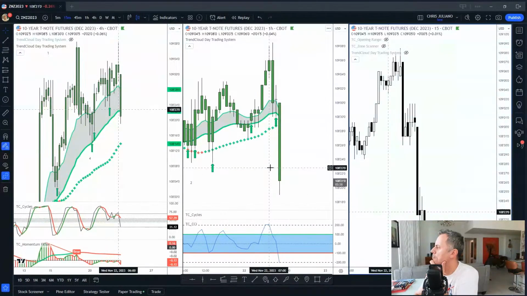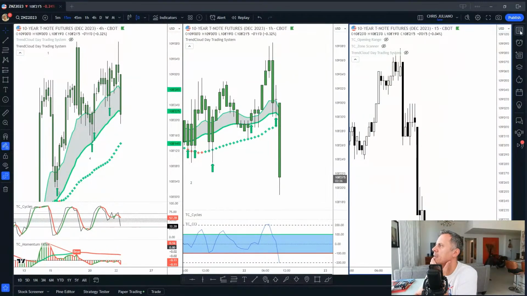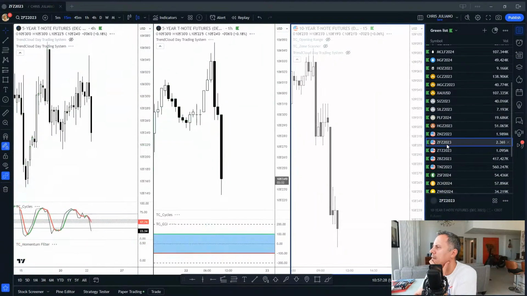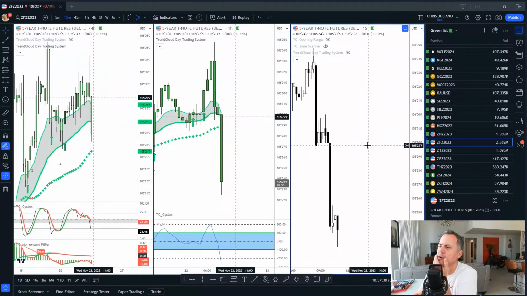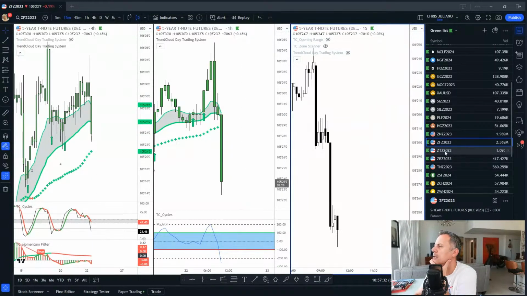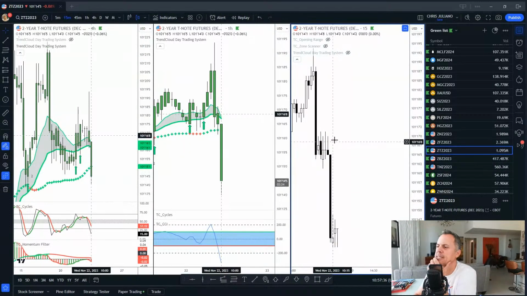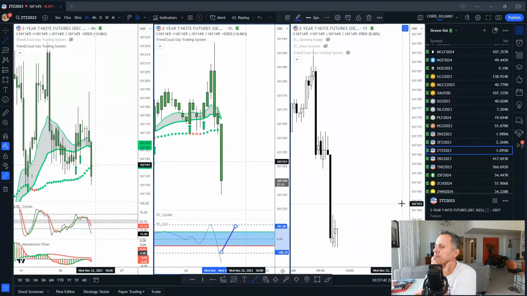We need to wait for that momentum shift, okay? Five-year, same thing. 2-year, same thing, right? We need that shift. We need that momentum shift.